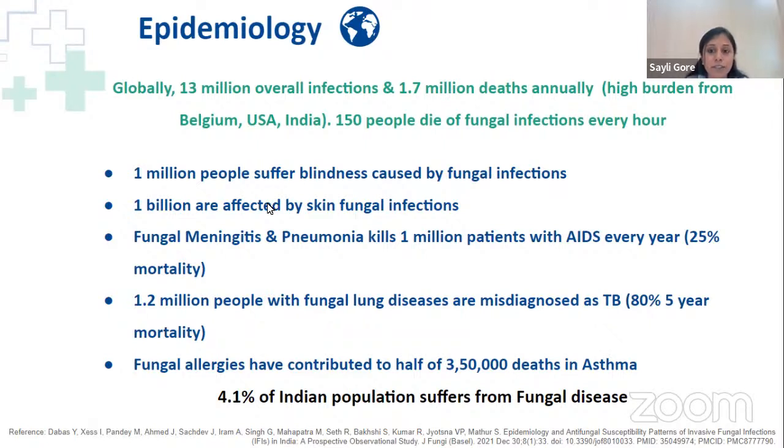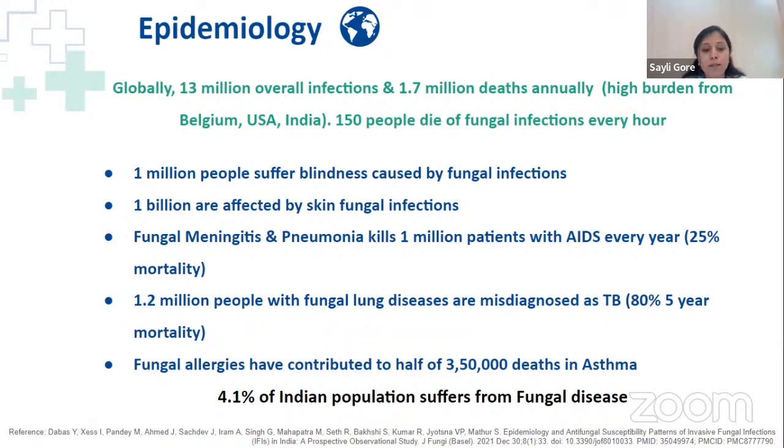For patients who live with HIV or AIDS, there is a 25% mortality with fungal meningitis and pneumonia. Then 1.2 million people with fungal disease are misdiagnosed as TB, and there is an 80% 5-year mortality in those. Then there are fungal allergies that contribute in patients with asthma with almost 50% mortality.